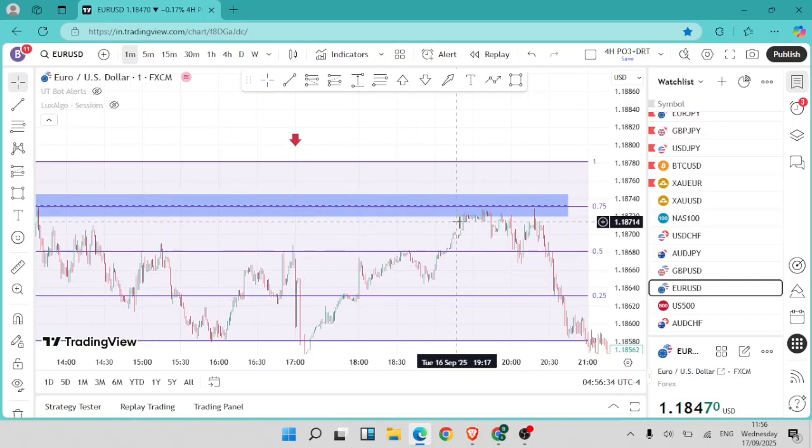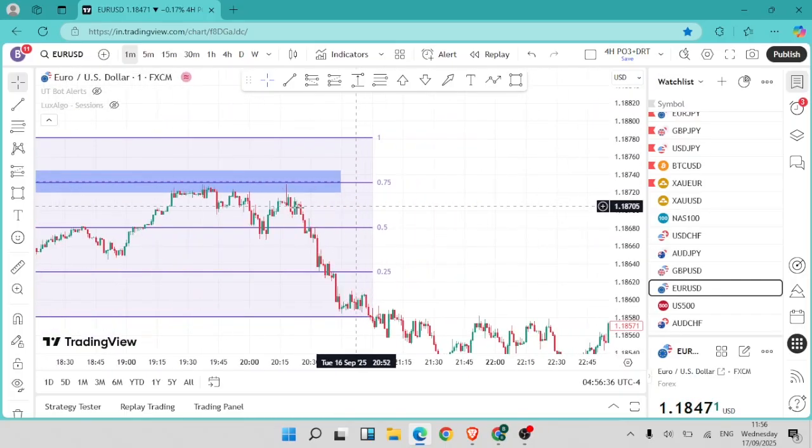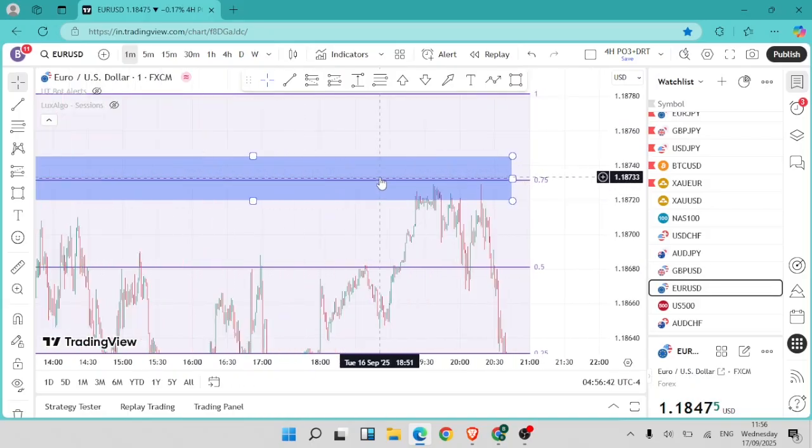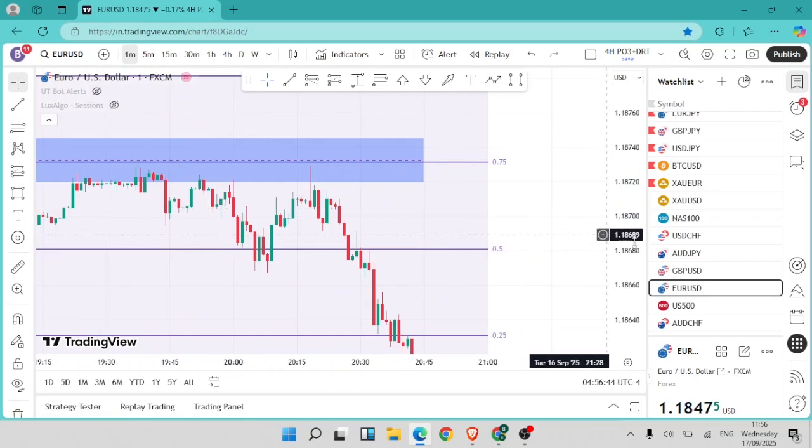So we wait until price comes back to it. Now at this point is where we have price reacting off this inverted fair value gap in the 1-minute time frame.